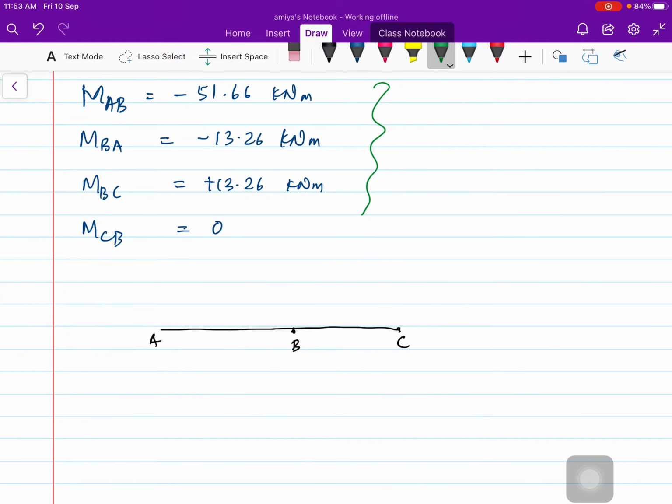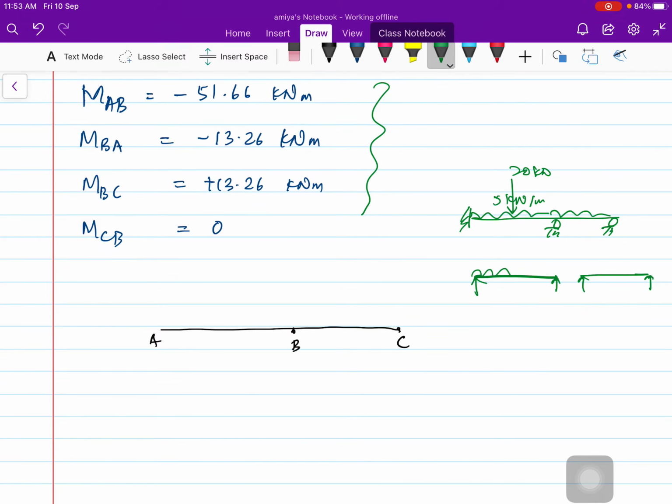As we know, our beam has a 5 kilonewton per meter UDL and a point load of 20 kilonewton. I'm going to divide this into two different beams, AB and BC, to calculate the simply supported bending moment diagram.